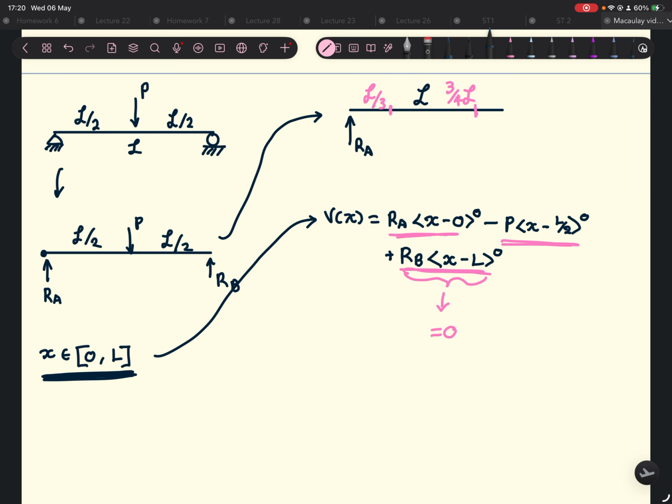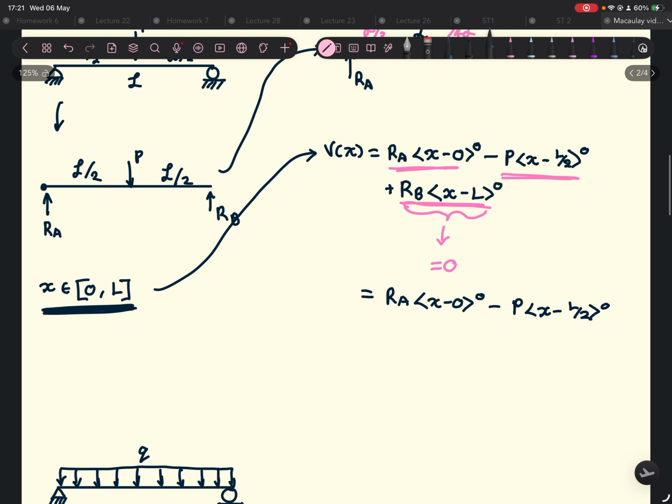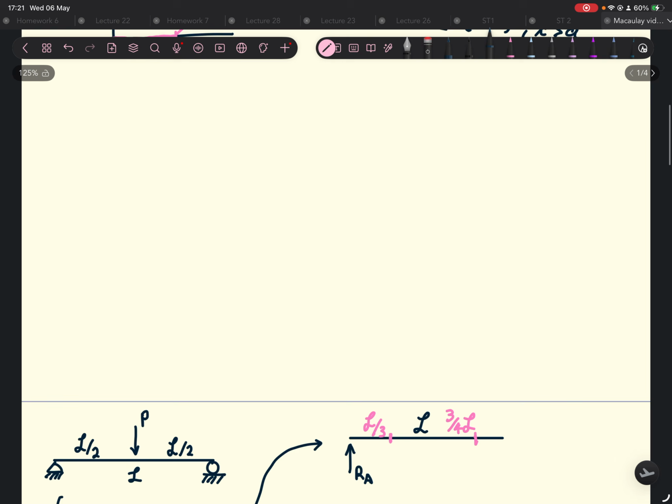So then our final shear force equation we can just write as RA x minus 0 to the power 0 minus P x minus L over 2 to the power 0. Or we could simplify it further. This RA over here acts along the entire length of the beam, right? So it starts at 0, and one thing about the Macaulay brackets, it doesn't tell you where the force ends. It's just on until mathematically.